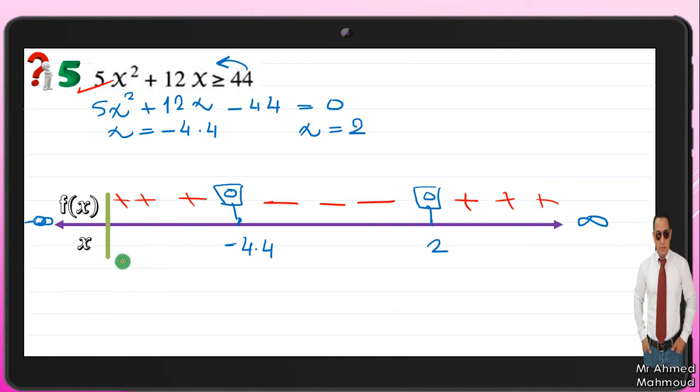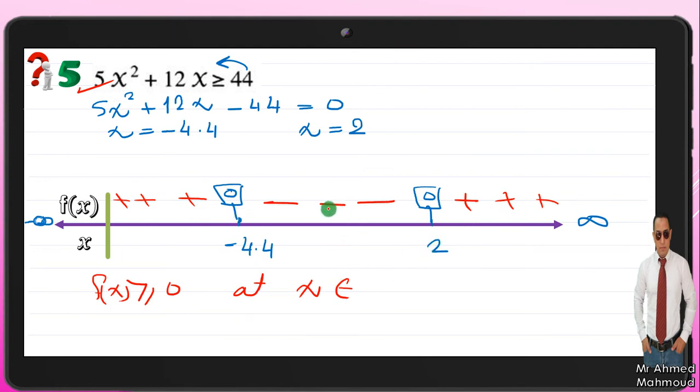Outside we have same as x power of 2, which is positive sign. Okay, now we need what? We need f of x greater than or equal 0. So f of x greater than or equal 0 at x belongs to what? I need the positive plus the 0 and the positive plus the 0.